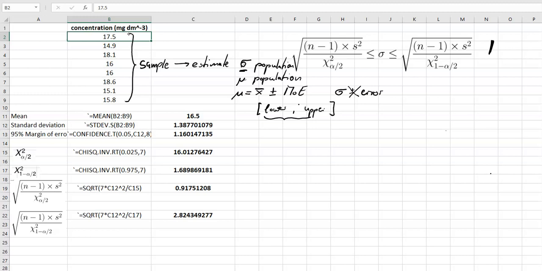Now we can already make a good estimate for the standard deviation of the population, and we have done that in a previous video. The link is in the description.